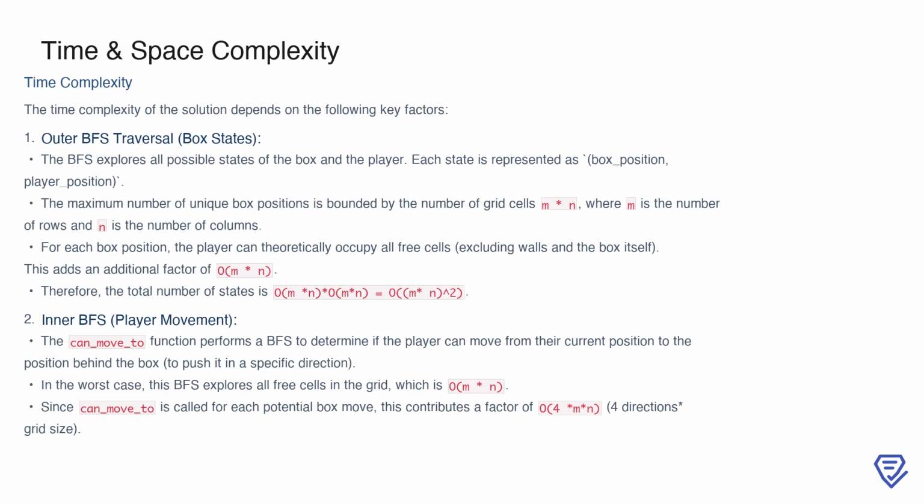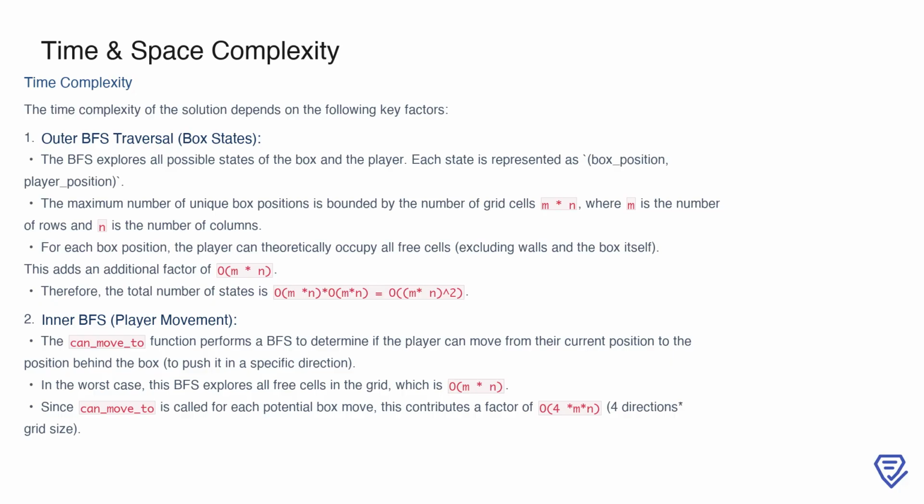For each box position, the player can occupy any free cell, excluding walls and the box itself. This gives us an additional factor of m*n for the player's position. Multiplying these together, the total number of states in the outer BFS becomes m times n squared.